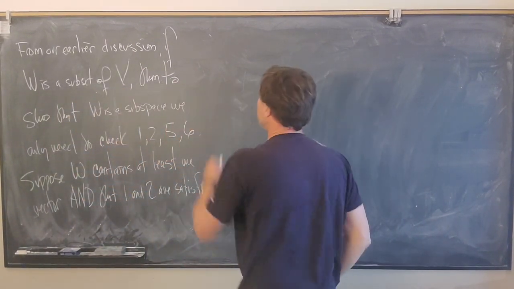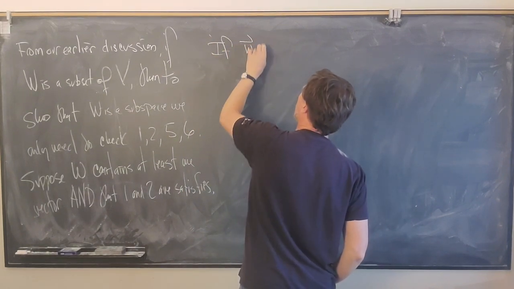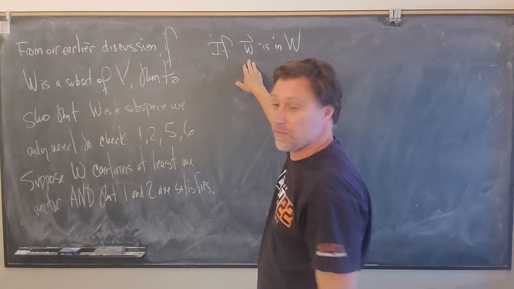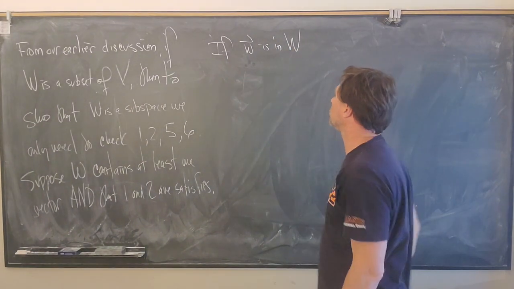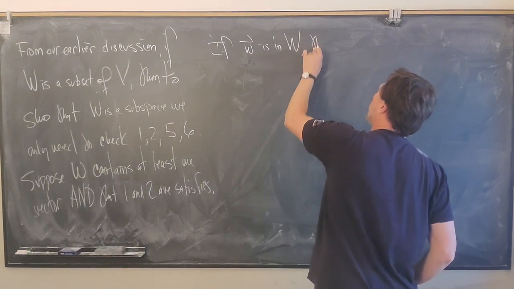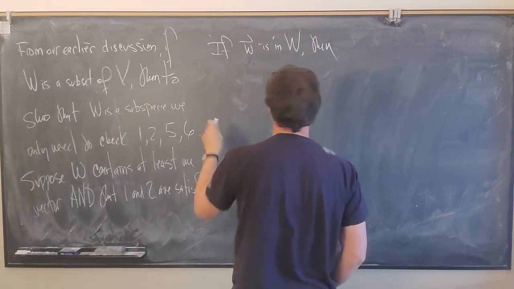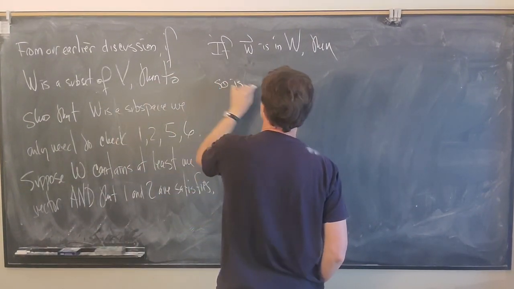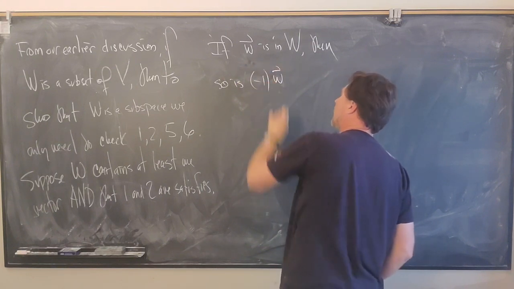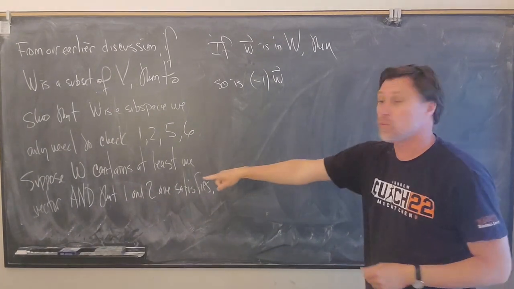So let's call it little w. If little w is in capital W, we have at least one vector inside capital W. Then so is minus 1 times w. Why is that? Because we said that axioms 1 and 2 hold.